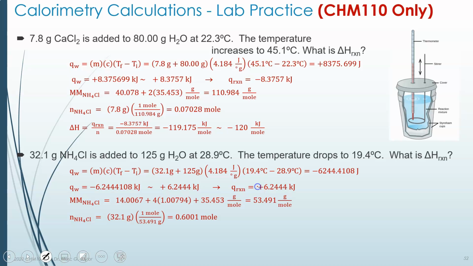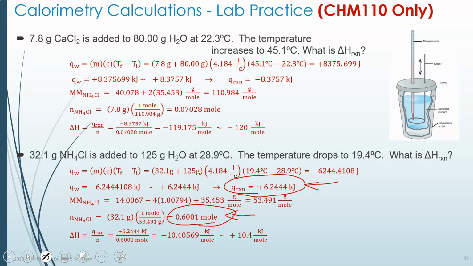So again, we now have our heat of the reaction, and we have our number of moles that were involved, that we divide one by the other, and we get the heat of the reaction, more technically called the enthalpy of the reaction. In this case, the enthalpy of solvation of the ammonium chloride is equal to plus 10.4 kilojoules. And you'll notice we finally round it.